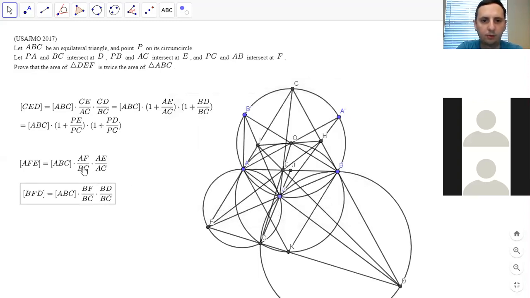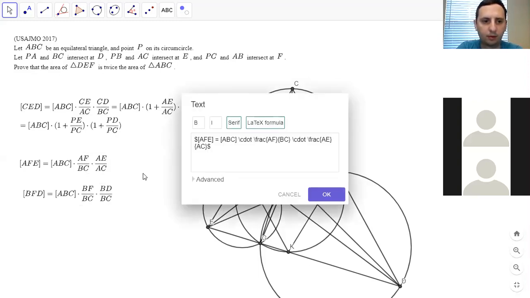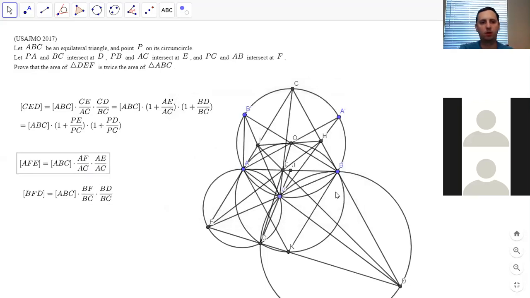Maybe I should just write both of these as ACs to make it easier. So basically, we want to take this minus this minus this.